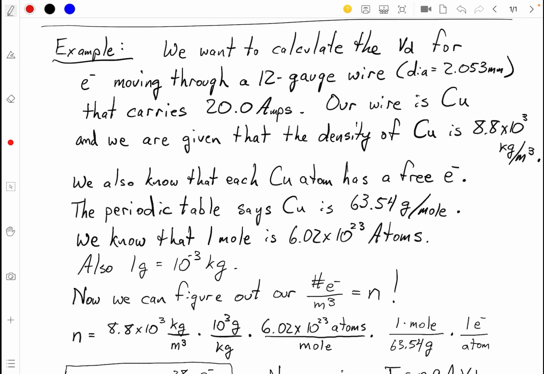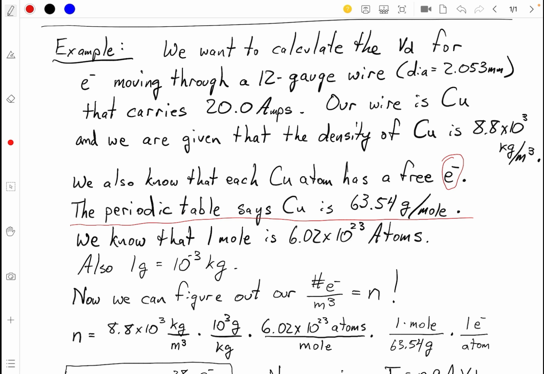We also know that each copper atom has a free electron. And the periodic table says that copper weighs 63.54 grams per mole.